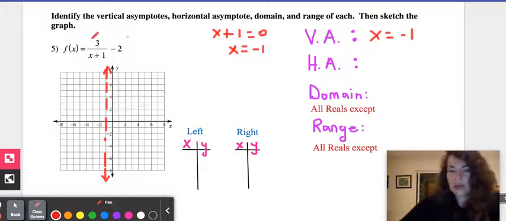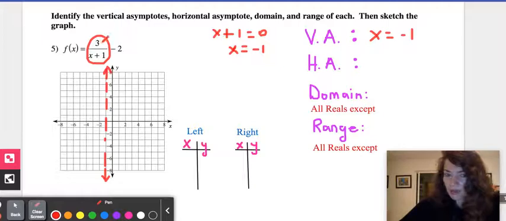All right, now take a look at this equation. If you take a look at this whole fraction right here, because we have the numerator 3, if I input any other value for x, this fraction that I circled will never equal 0.